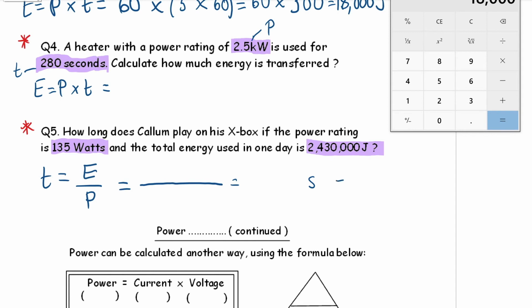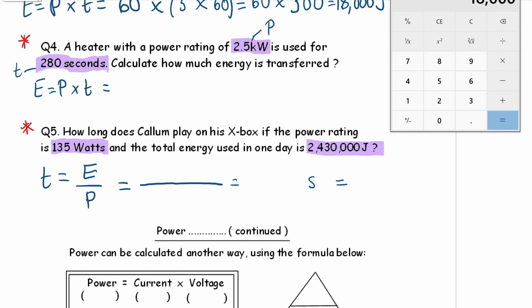But for a further challenge, I'd like you then to convert it from seconds into hours and minutes. So if you divide the number of seconds by 60, that'll give you the number of minutes. And then you could divide by 60 again to work out the number of hours.